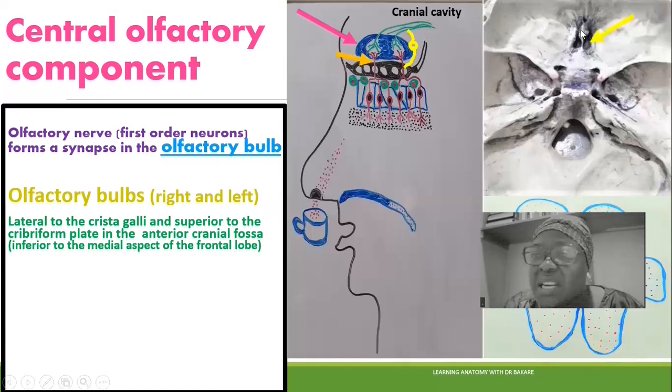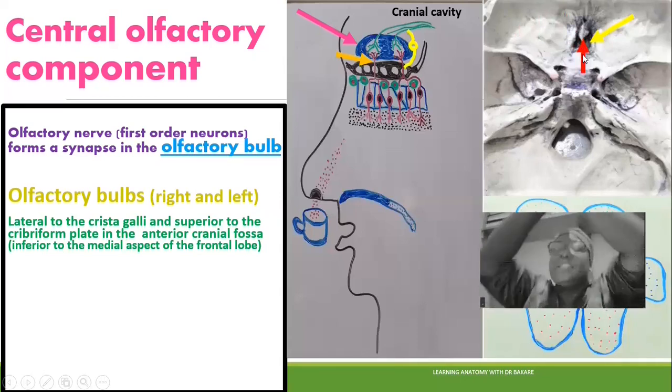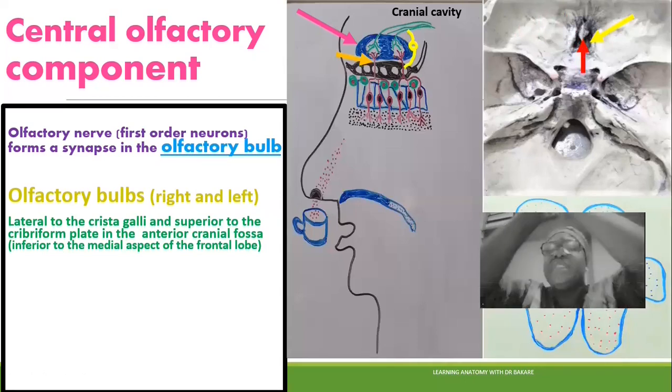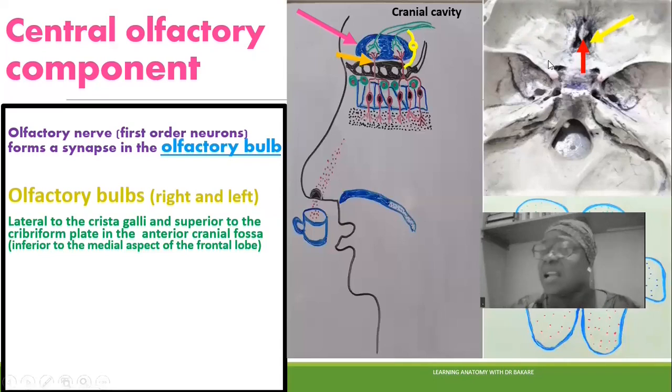And in between the cribriform plate of ethmoid, we have the crista galli that is arrowed here in red. The crista galli is a superior extension. This extension is driven into the anterior cranial fossa, and this is what is presented here in this image. And this means that the olfactory bulb will be located in this region that is highlighted here in red. So you have the olfactory bulb here on both sides.